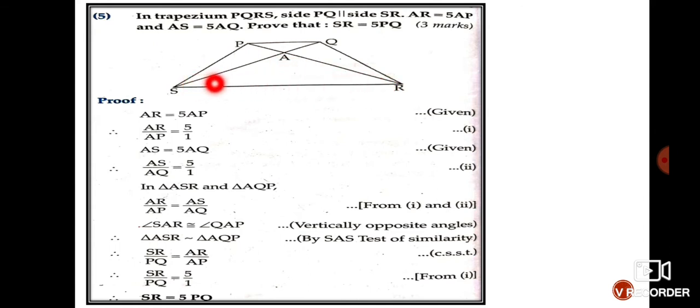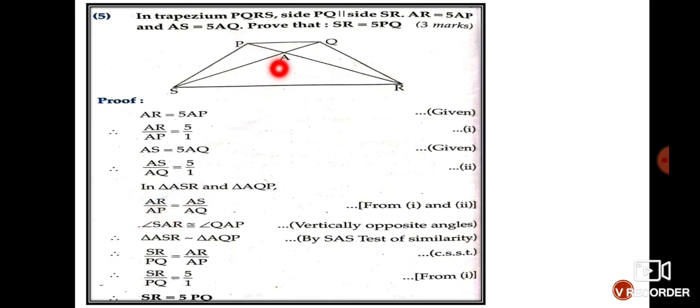Okay. So consider triangle ASR and triangle AQP. Now in these two triangles, we have already shown that AR upon AP is equal to AS upon AQ.